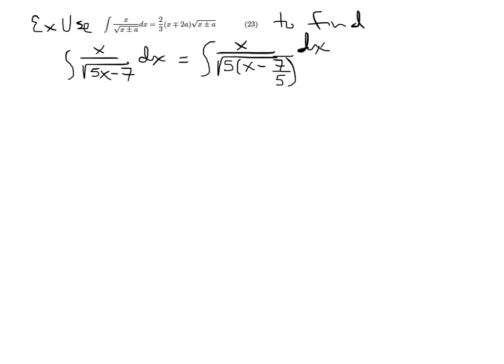Okay, so now the next thing that I'm going to do is separate the root 5 from the root x minus 7/5. And I can do this because it's multiplication. If there was addition there, I can't do this. But I can because there's multiplication.